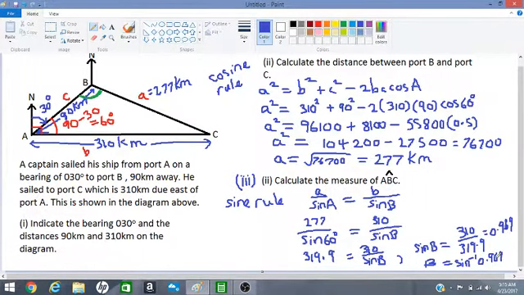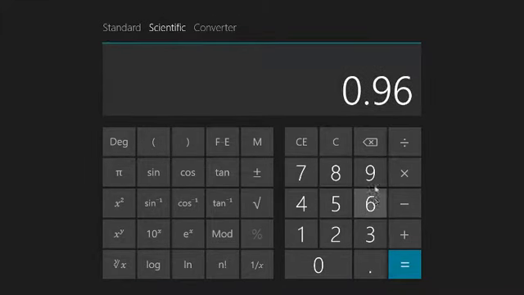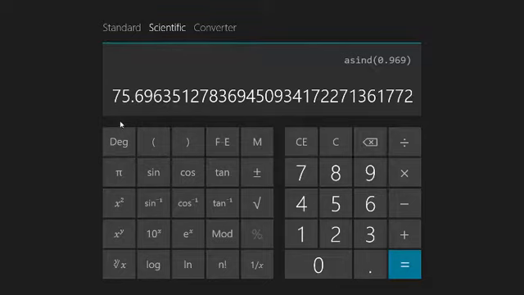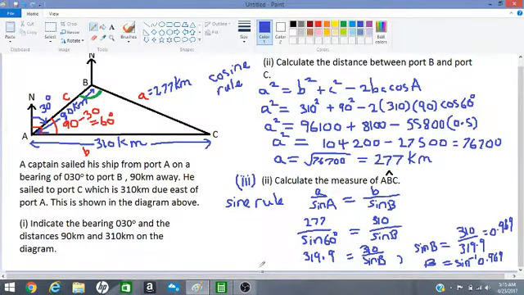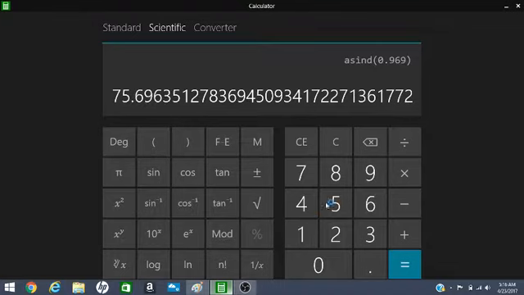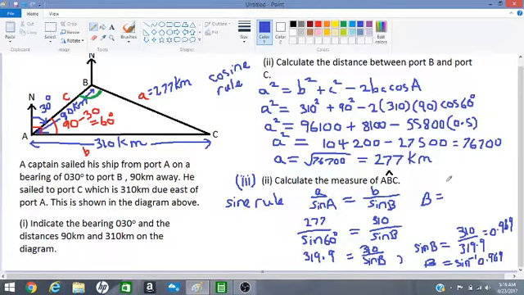Okay, so let's find that. The sine inverse of 0.969, 75.7 degrees. Okay, so angle B equals 75.7 degrees to 1 decimal place.